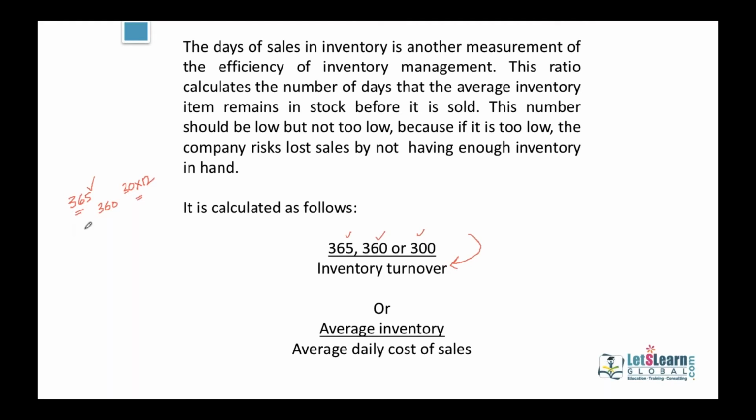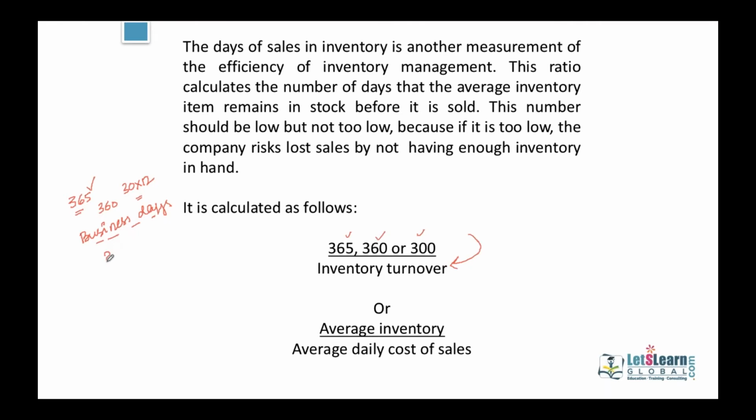300 days means the number of business days. Calendar days are different from business days. We are not open on, say, for example, Sunday. So why should I consider it when I do not open my showroom on Sunday? How can I expect sales on Sunday? Likewise some holidays, national holidays, festivals, etc. On those days we do not open our business, so we do not expect sales.